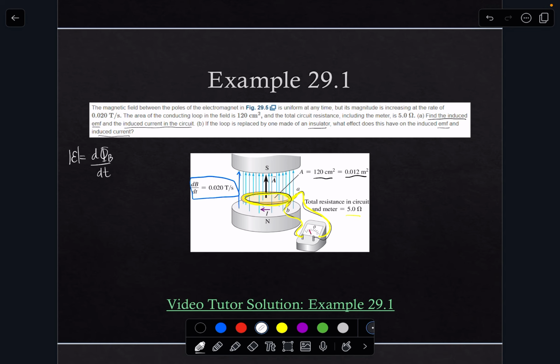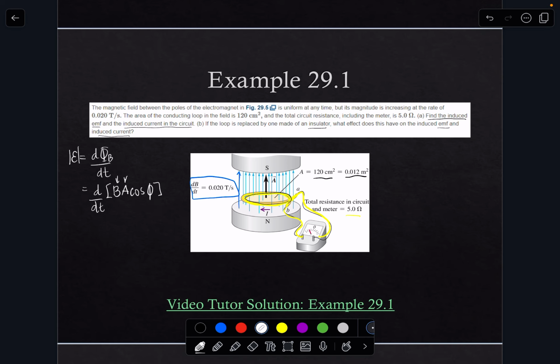Okay, so let me take this differential out and expand Φ_B. Well, we know Φ_B in terms of a magnitude of a dot product is BA cosine of the angle between B and A. And so we're given some of these parameters. We're not really given B, we're given dB/dt.